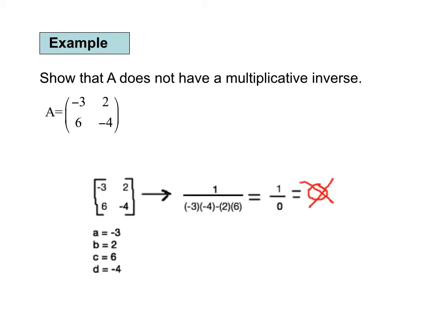So first identify A, B, C, and D, we see that we get 1 over -3 times -4 minus 2 times 6. And we know that that gives us 1 over 0. That is undefined for us. So we know that A is a singular or non-invertible matrix.